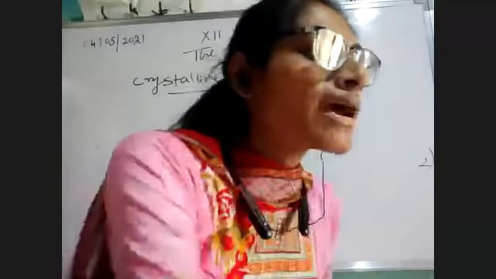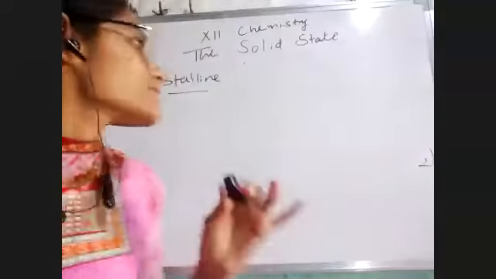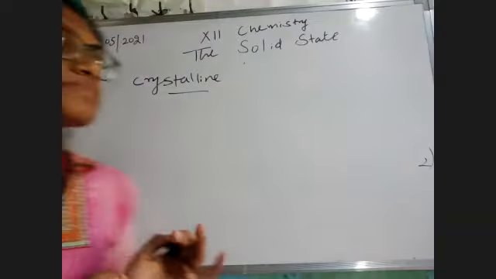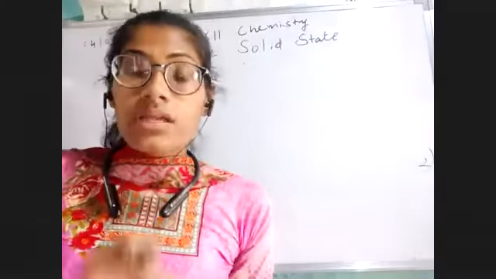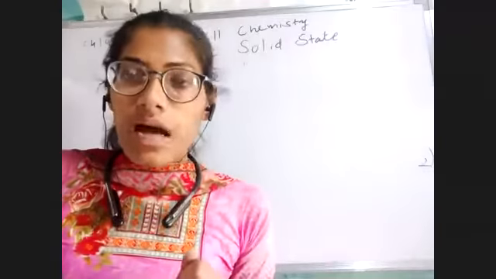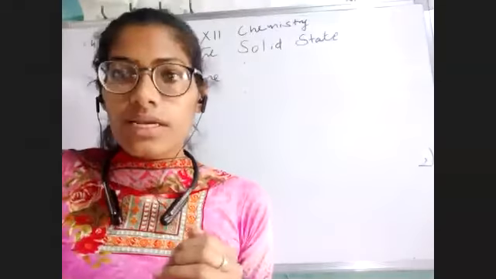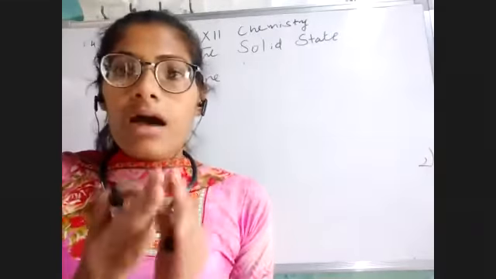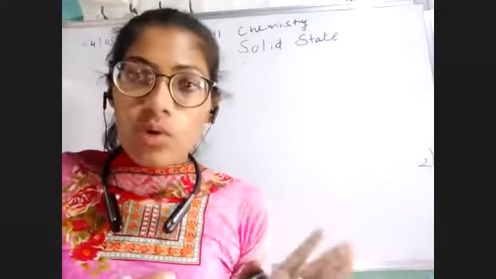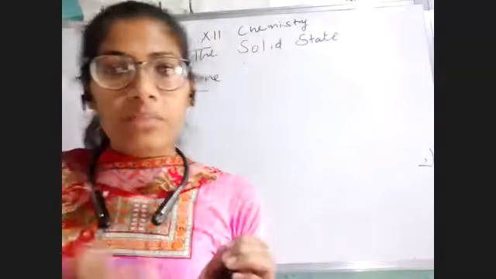I hope you all know about this. Let's start. Crystalline solid means the arrangement of constituent atoms or ions. Which kind of atoms or ions are arranged in it, on that basis, we can say that crystalline solids are classified on different bases.